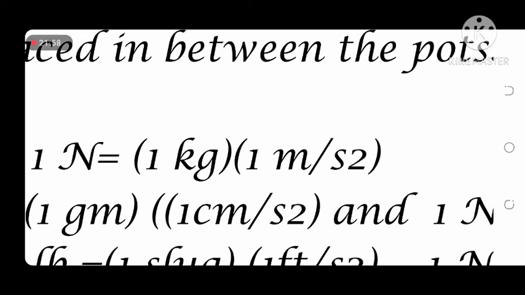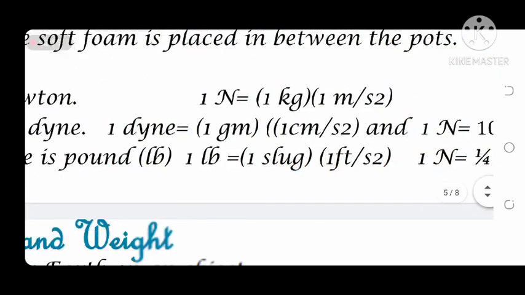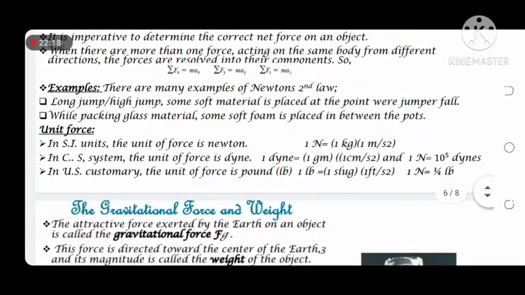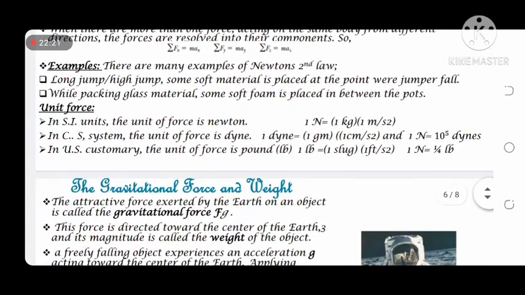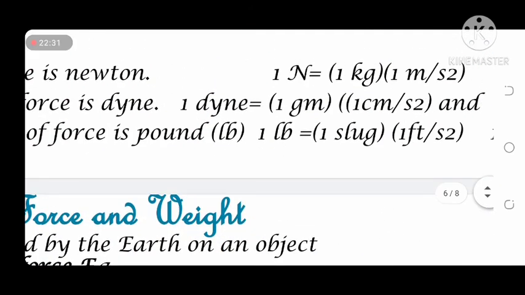We can define Newton as the force acting on a body of mass 1 kg, if able to produce an acceleration of 1 meter per second squared, then the force would be called 1 Newton. Similarly, the unit of force in the CGS system is dyne. 1 dyne is equal to 1 gram multiplied by 1 centimeter per second squared.